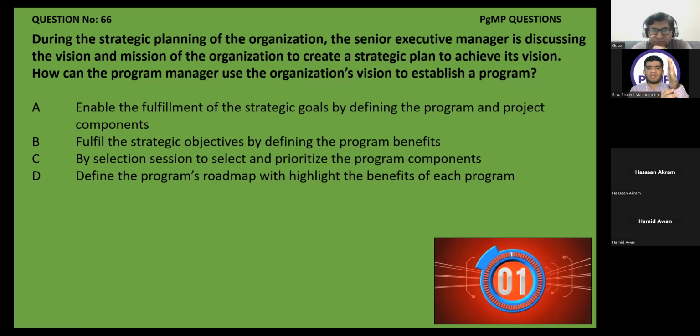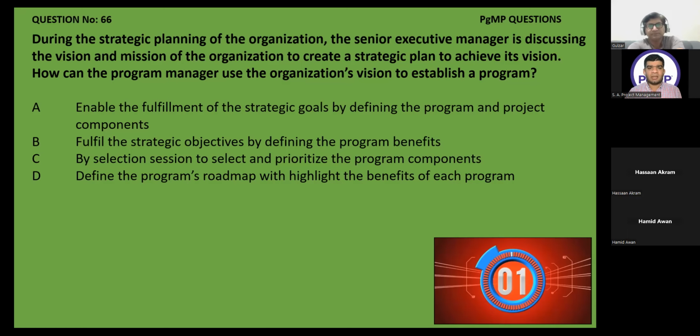According to the organization's vision, mission, or strategies, I have to define a program, which is indirectly saying defining the program business case, whatever the components are inside the business case. Then I will go to defining the program benefits, which is in the program formulation phase. We will see that in the next chapter, and then comes the program roadmap. Is it clear? So in this, the correct answer is A.